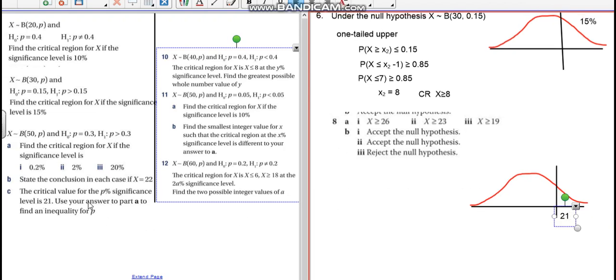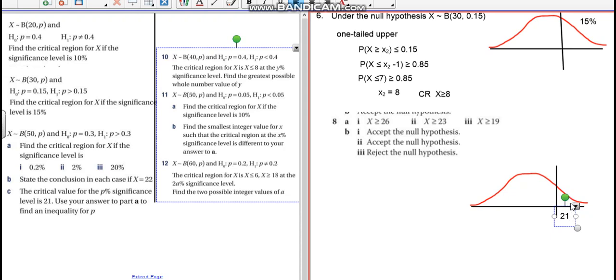Okay, so part C says the critical value for the p% significance level is 21. Use your answer to part A to find an inequality for P. So, at 0.2%, the critical value was 26, so that's way over here. And at 2%, the critical value was 23, so again that's here.